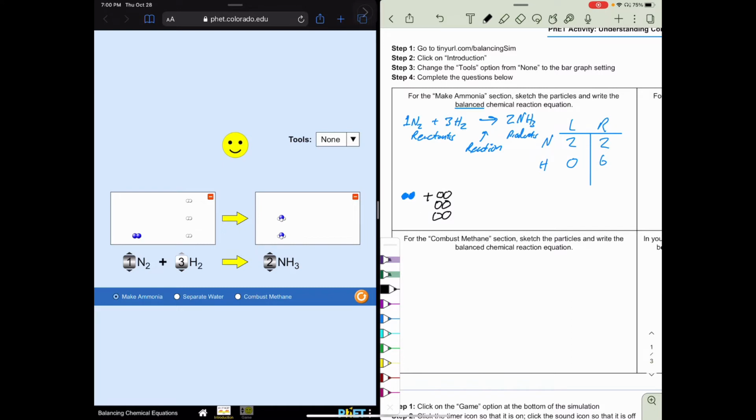And that will react to form 2 molecules of NH3. And I don't really want you to worry about the configuration. I'm more worried about the number here. So right here we have 1, 2, 3 hydrogens all connected to that nitrogen.